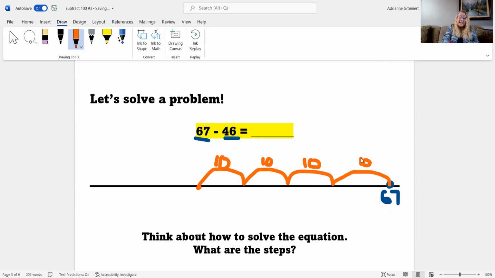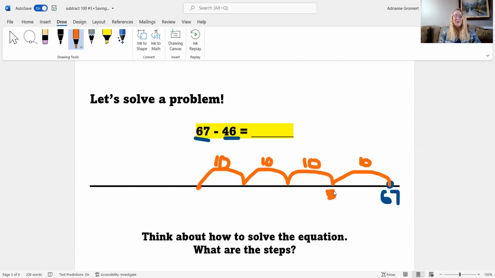Now I need to count to see where I landed. Are you writing this down? Make sure you're getting all the steps. Okay, so this is 67. And if I'm going backward by 10, I land on 57. That's right.